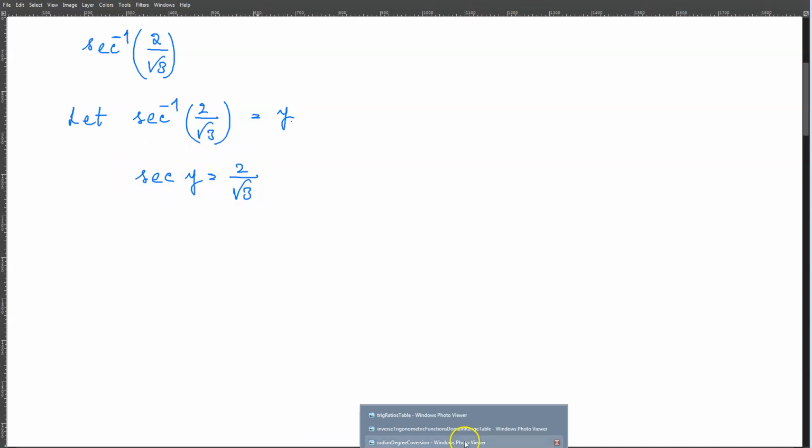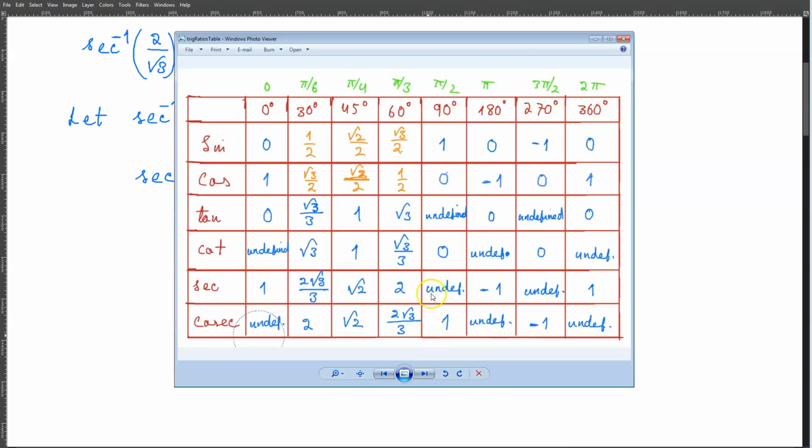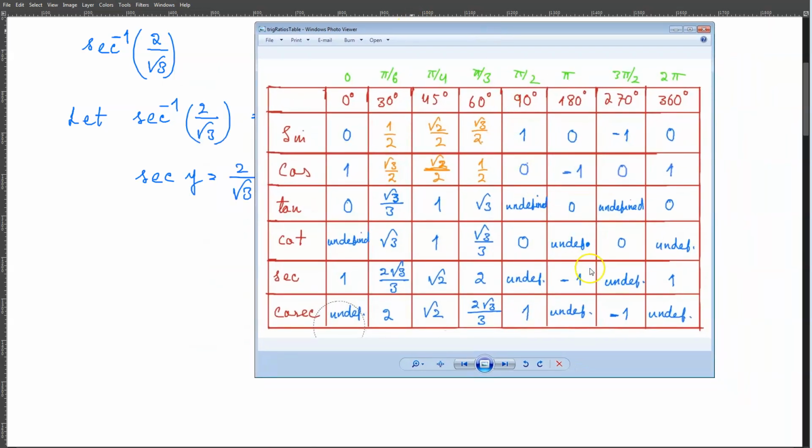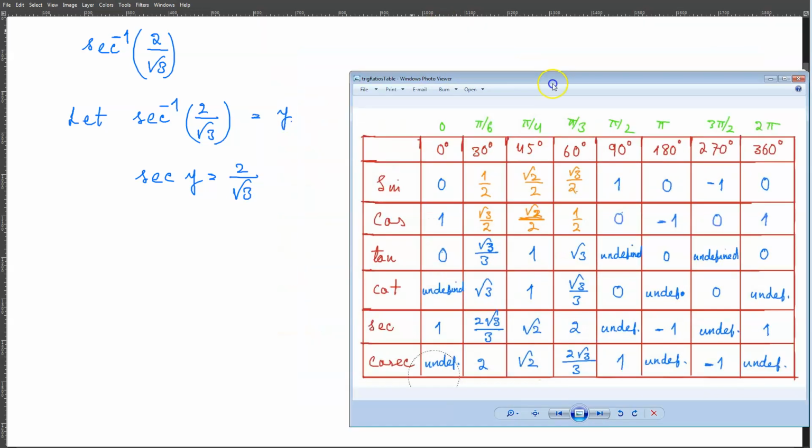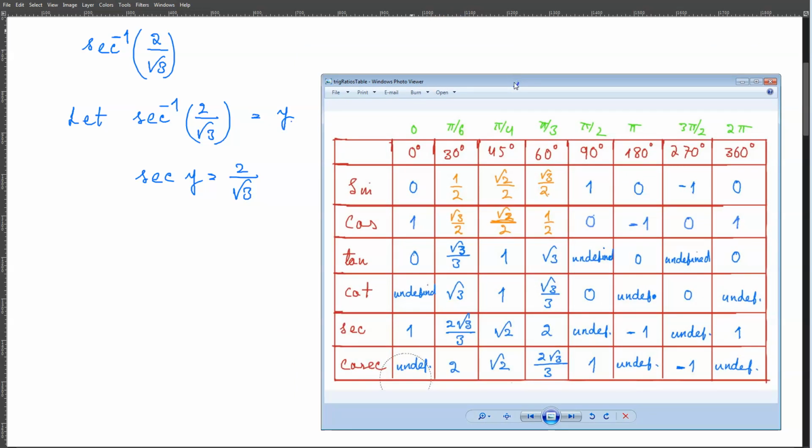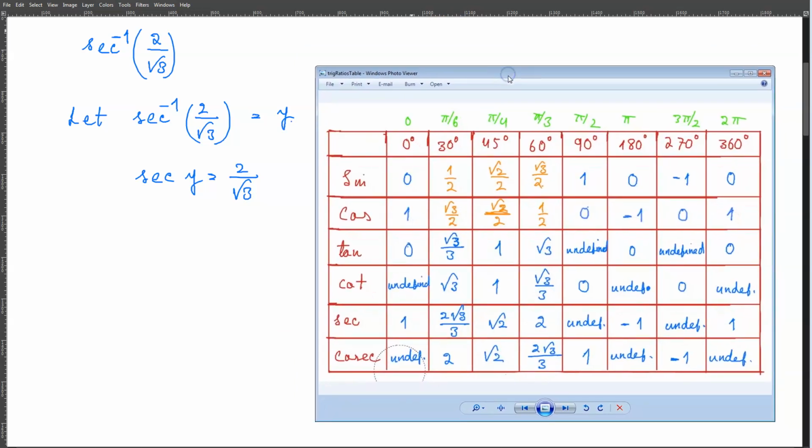Let's see what sort of values we have for the secant. There might be some mistake over here.